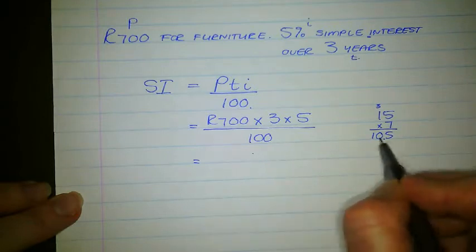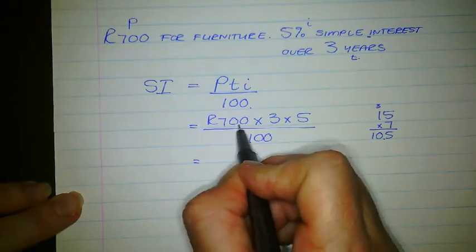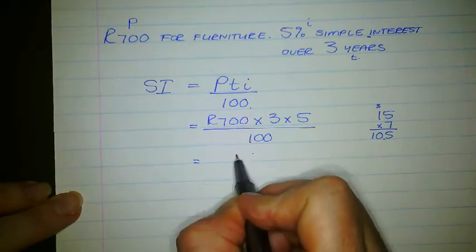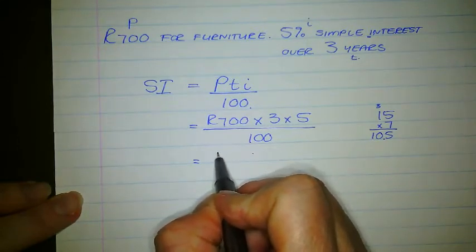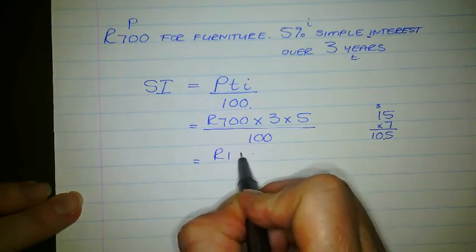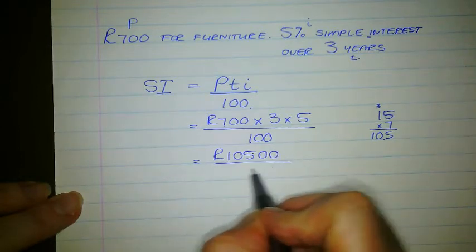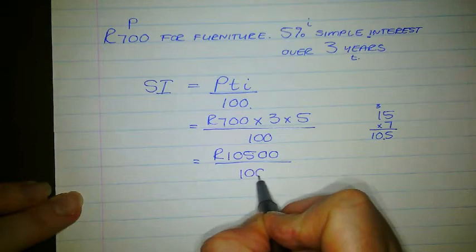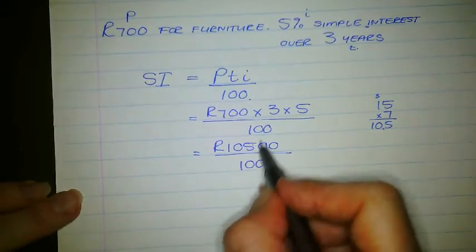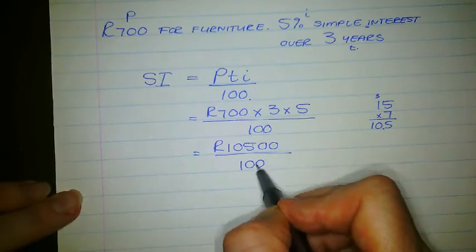Then to finish the calculation, you add the 2 zeros that you see with the 700, so the amount here is going to be 10,500 divided by 100. Please don't forget about still dividing with 100.